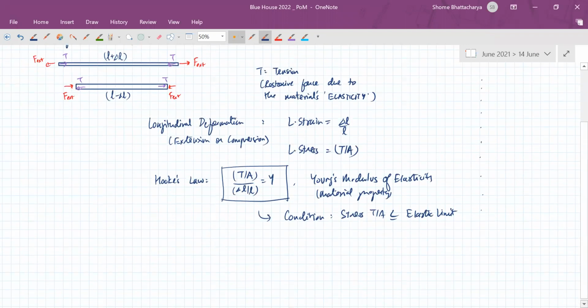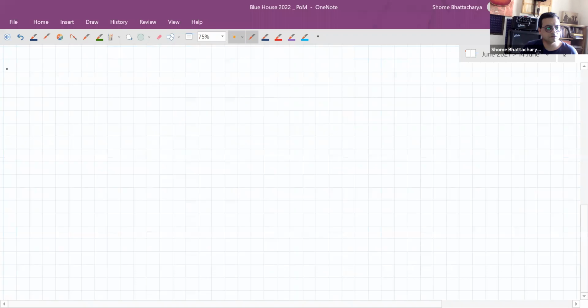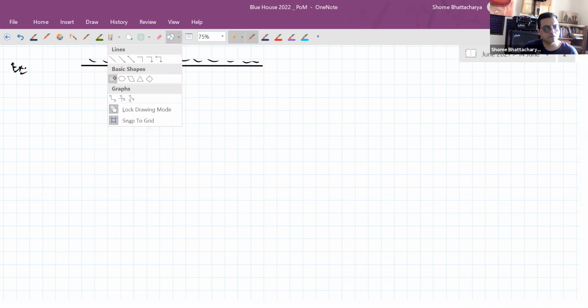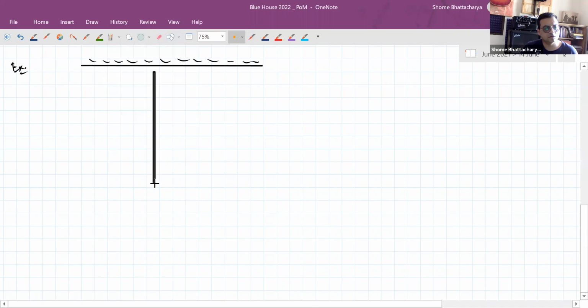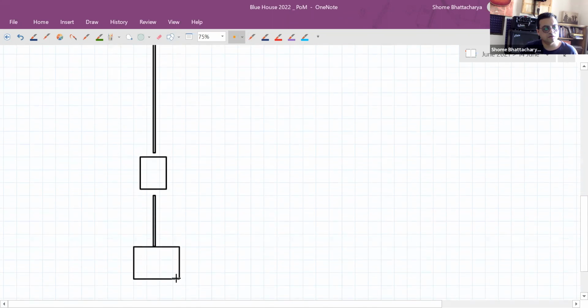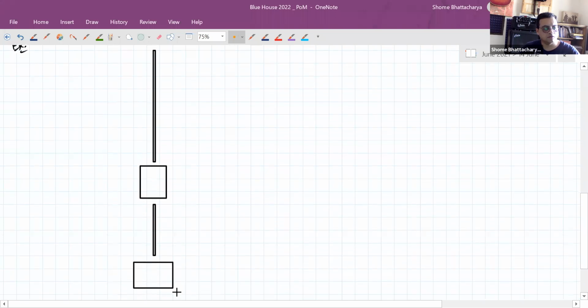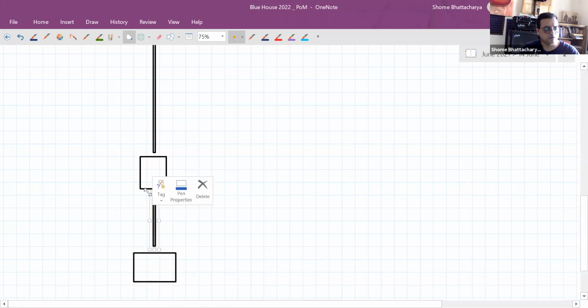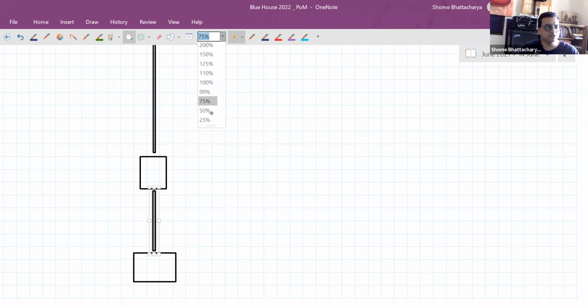Okay, let's look at an example of application of this. So we have something like this now, where we have a combination of metallic thin wires as well as a combination of two blocks.